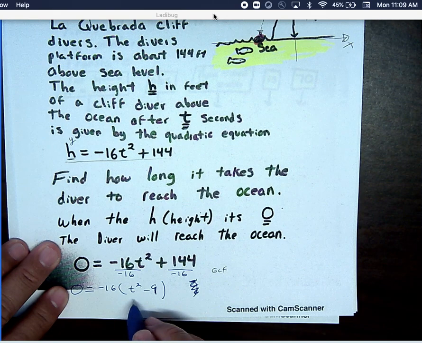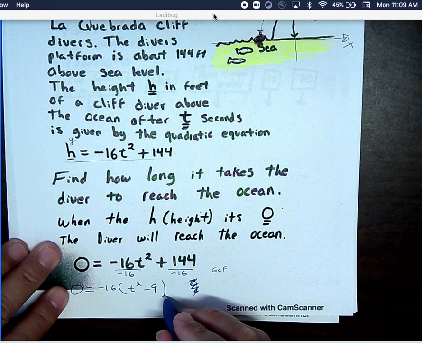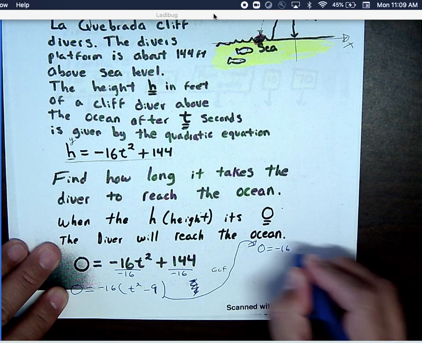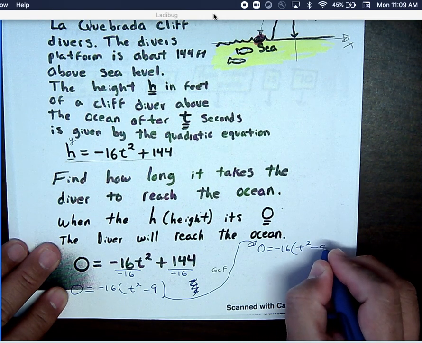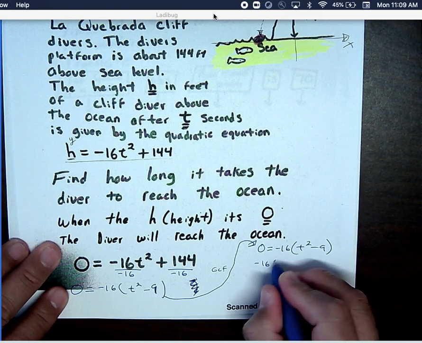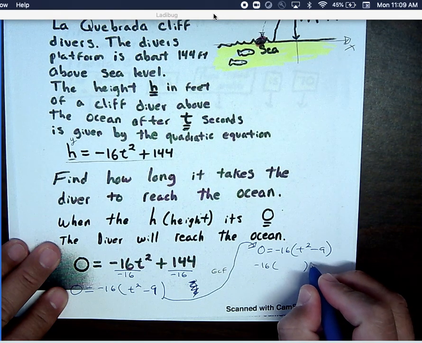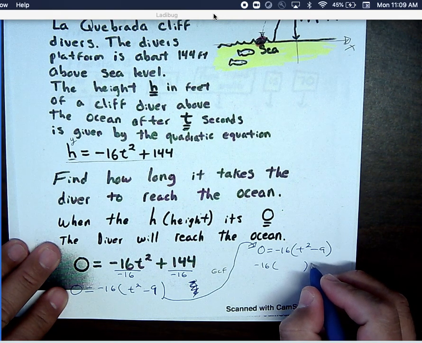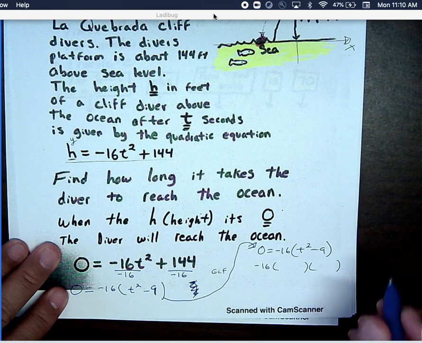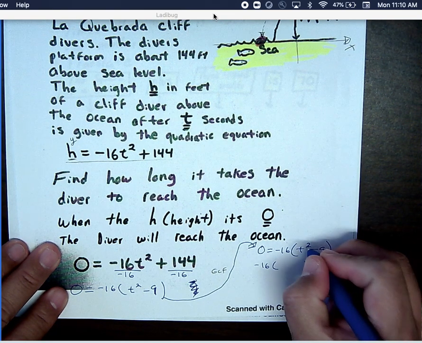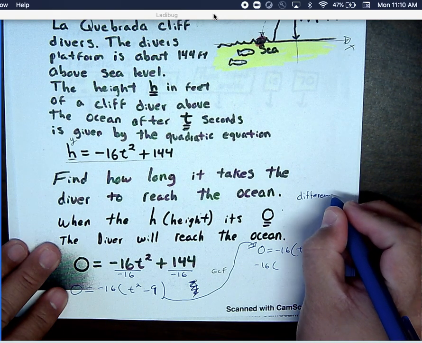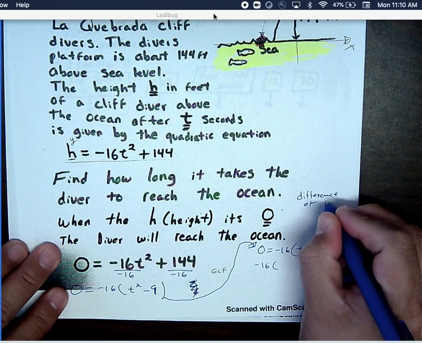And then we need to factor this out. So let me bring this thing over here. Like that. So how do we factor this? We keep the 16 outside and we're going to factor the rest. And if you notice, this is a difference of squares. I don't know if you guys remember that, the difference of perfect squares.